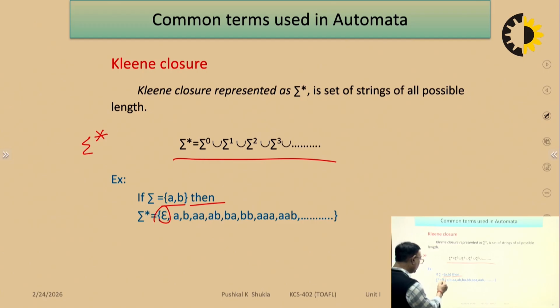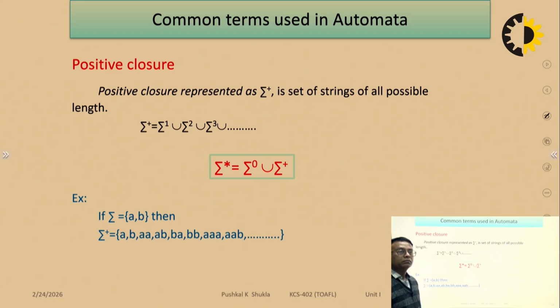So epsilon is there. Then positive closure, represented by sigma plus, is a set of strings of all possible lengths, excluding the empty string.